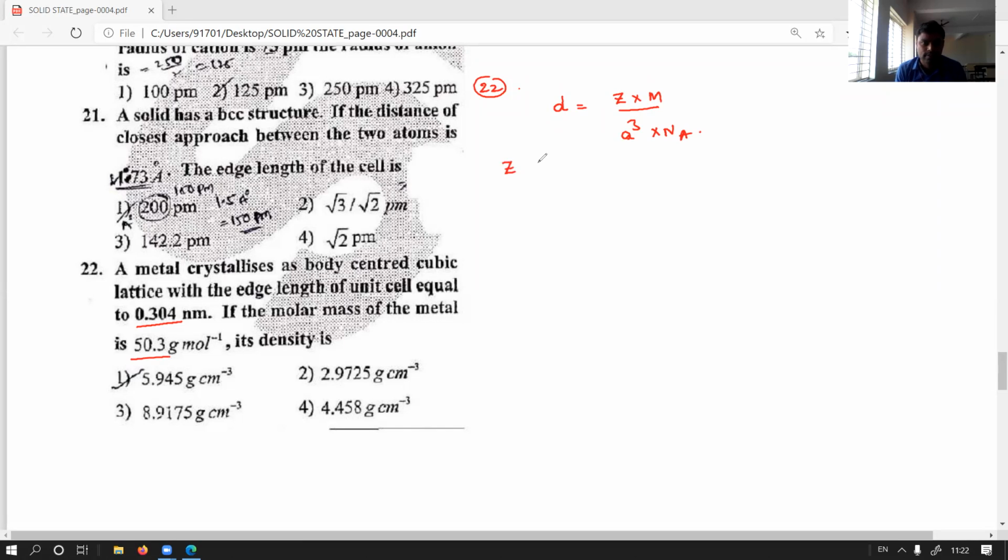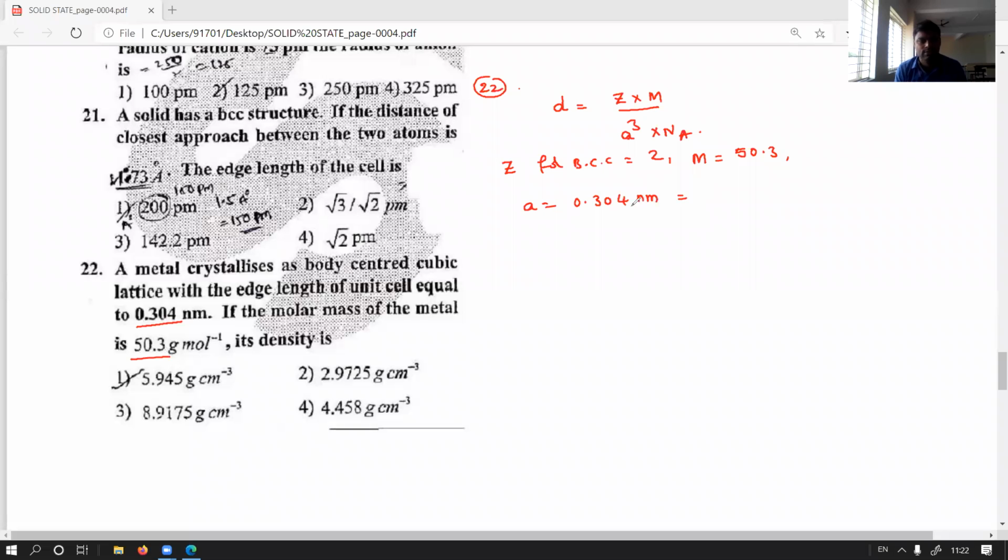Z for BCC, body centered cubic crystal, is equal to 2, and M is equal to 50.3, and edge length a is equal to 0.304 nanometers.